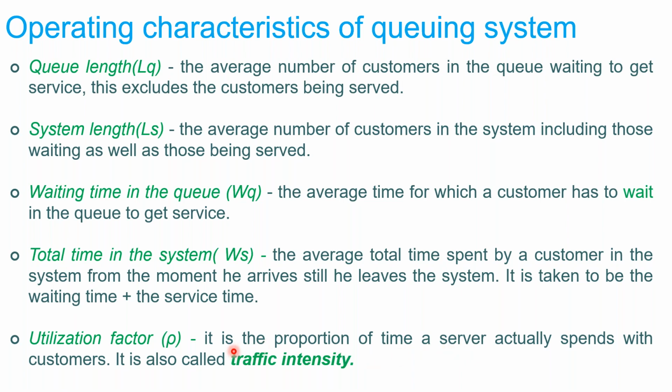It is the ratio of lambda by mu, and it is called traffic intensity. We will see the various formulae used for calculation of these things.